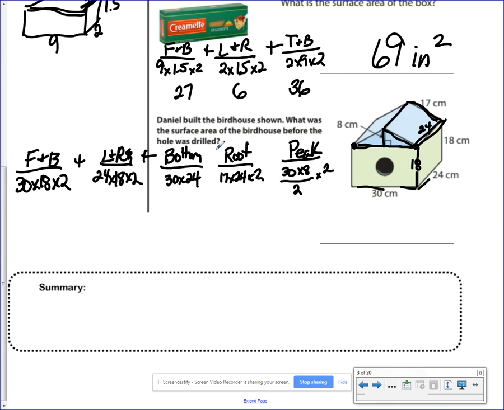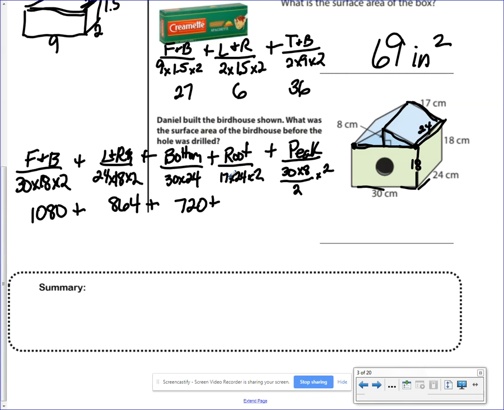Oofta. Now we got a lot of adding to put together here. So you start multiplying, and away we go. I think this is 1080. Left and right. Let's see. 24 by 18 by 2, I think is 864. The bottom, there's only one of those.